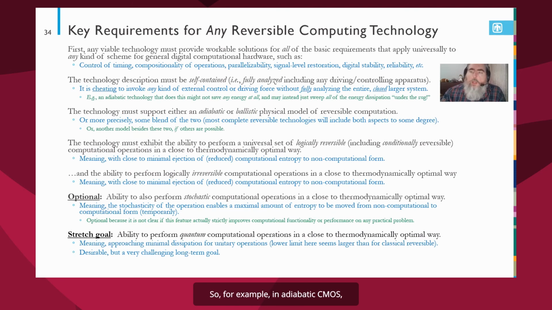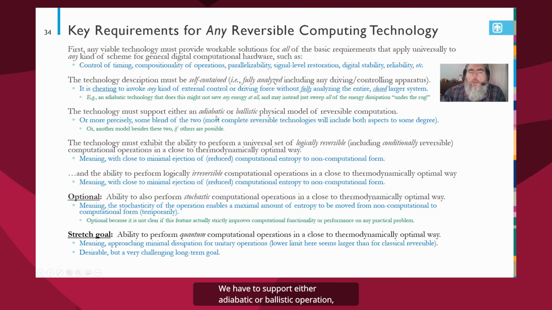So for example, in adiabatic CMOS, if you're not careful with how you drive those transitions, you may not save any energy at all. You're just sweeping it under the rug, and it all happens in the external driving system. And although I didn't talk about it today, part of the work that we do here at Sandia is on designing resonant oscillators to drive our system in an efficient energy recovering way.